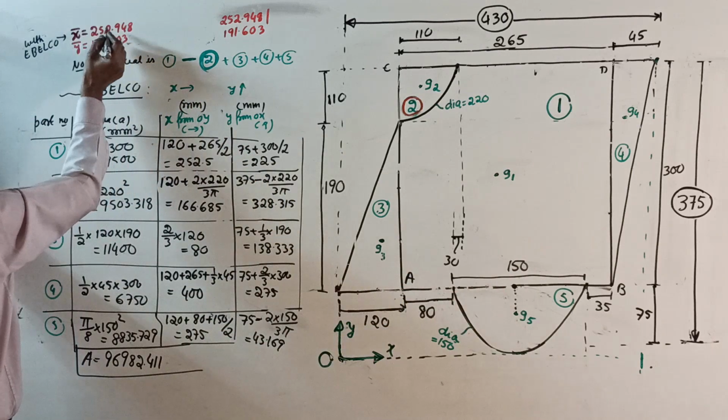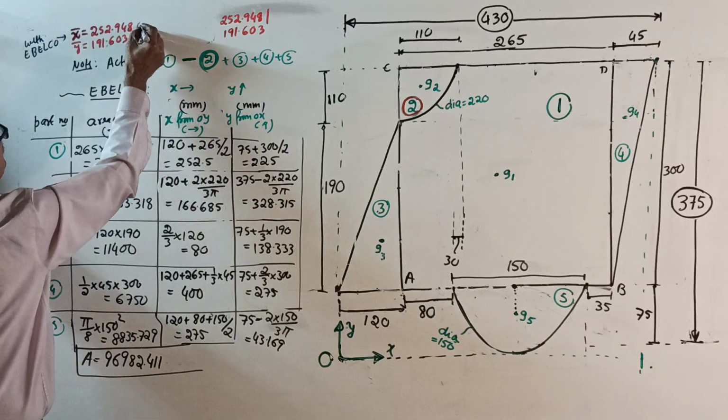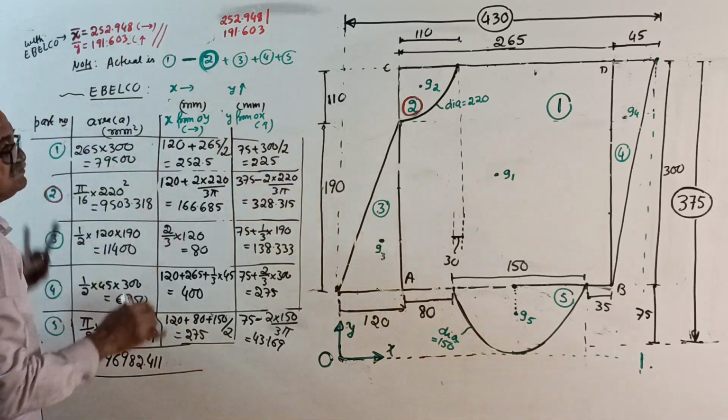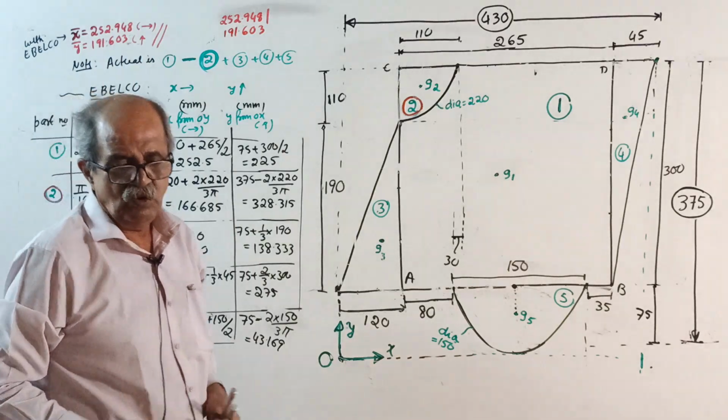This is to the right side. Actually, I should not tell. This is to the right side, this is up. Make a note of the answer. Okay, this is the origin.